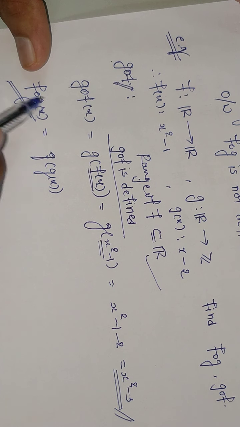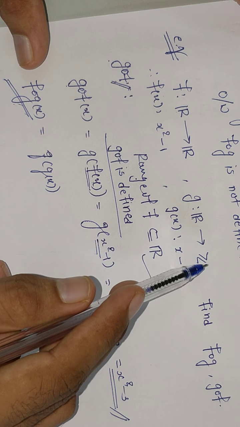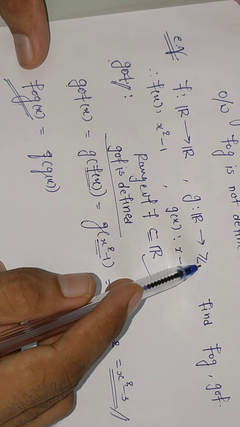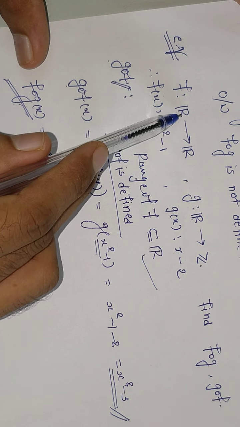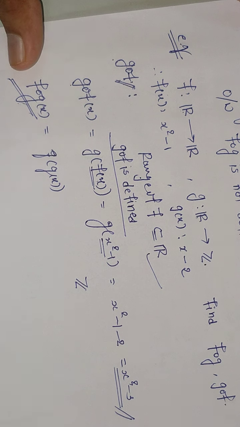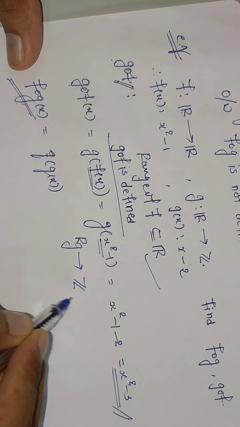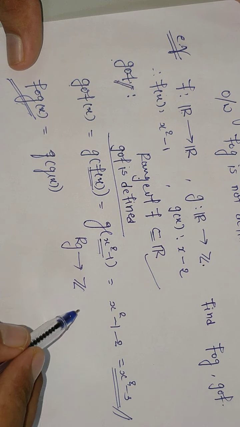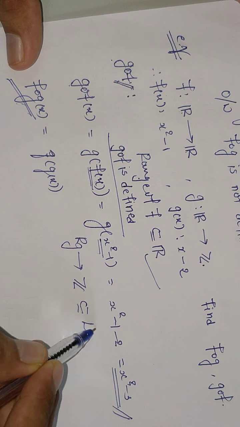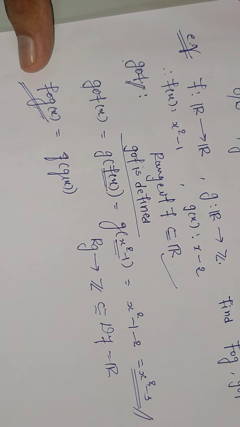So the range of this function, range will be a subset of integers, right? The range of g must be a subset of the domain of function f. The range will be in the set Z, which is a subset of the domain of f, which is the set of real numbers. So f o g is also defined.